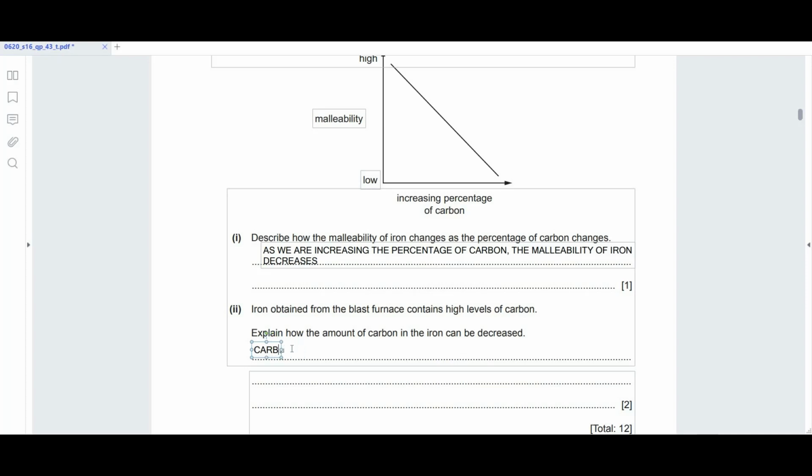Hot air is blown, which will result in the reaction of carbon and oxygen, forming carbon dioxide, which will escape as a gas.